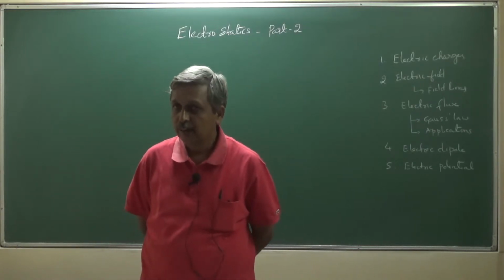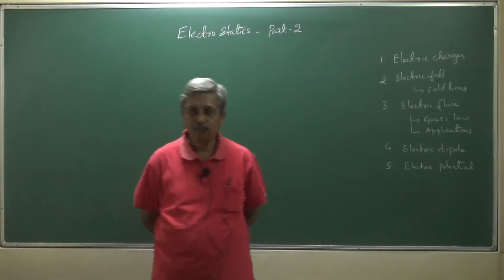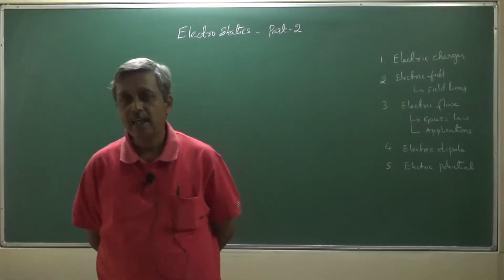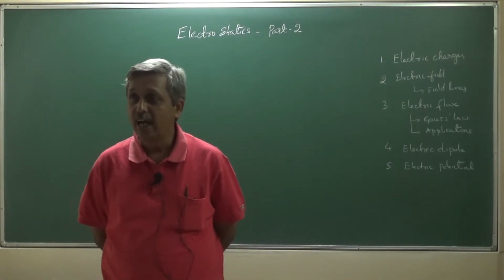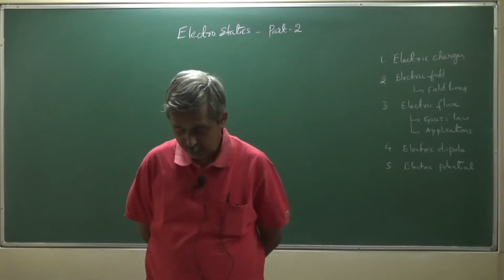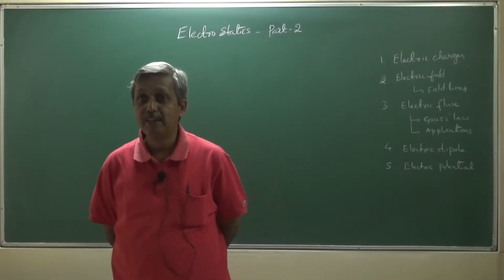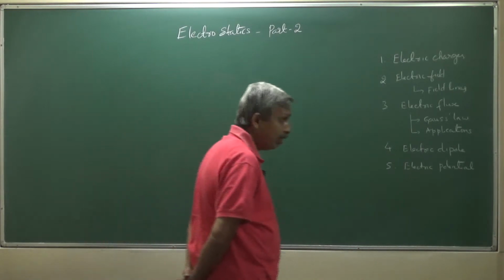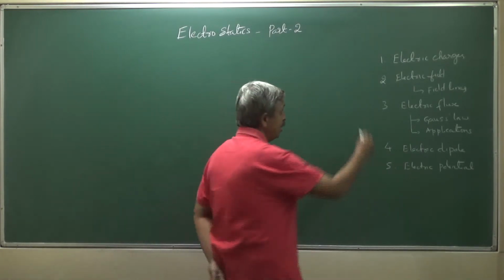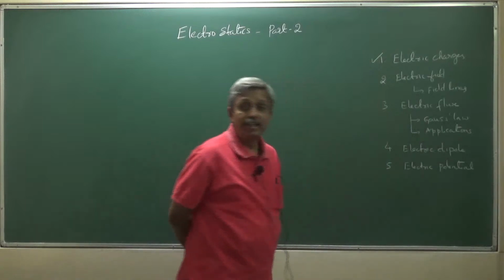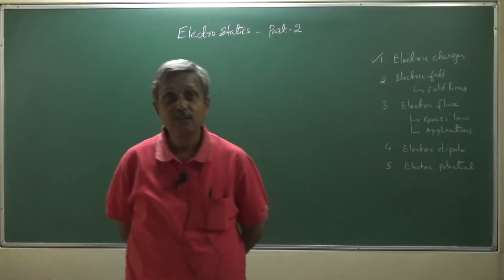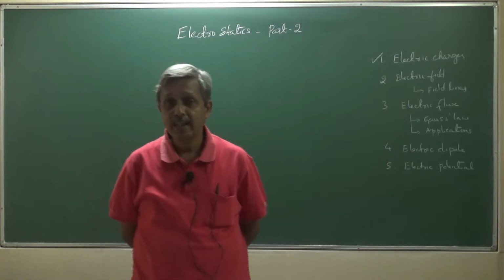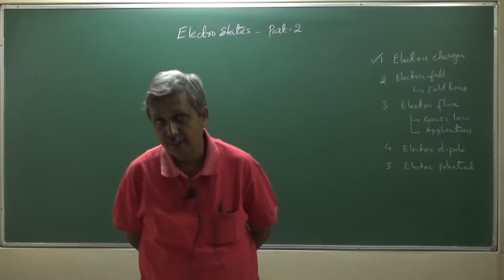So it's all about building the story for these words, and we have done quite a bit of work in the last class for the electric charge. We also introduced electric charge, and more or less we understood why there are positive and negative charges, why there are two kinds, attraction and repulsion.